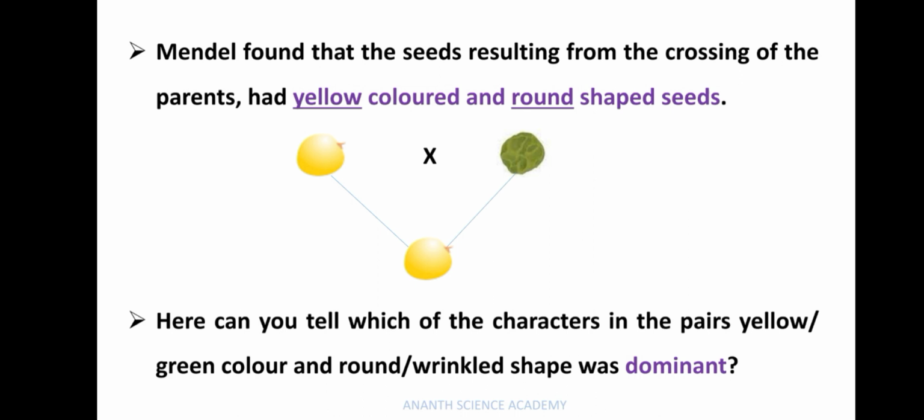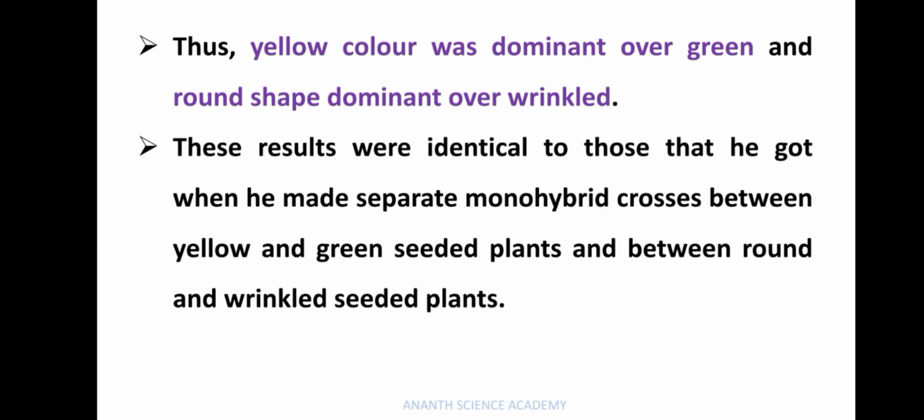Here can you tell which of the characters in the pairs, yellow or green color and round or wrinkled shape, was dominant? Yes, you are right. Definitely yellow color and round shape of the seeds are the dominant traits. Thus, yellow color was dominant over green color and the round shape dominant over wrinkled shape.